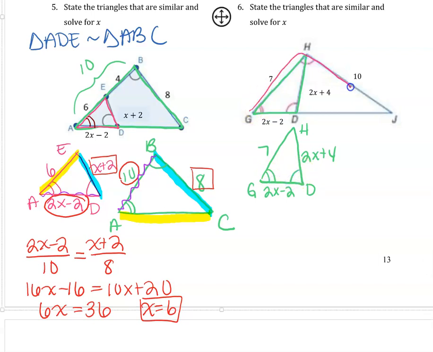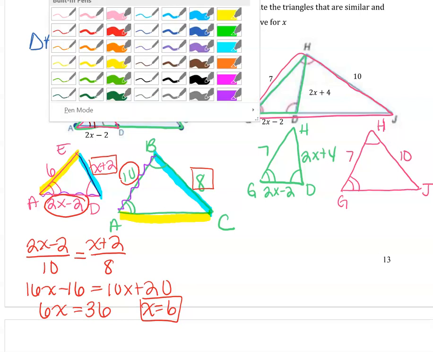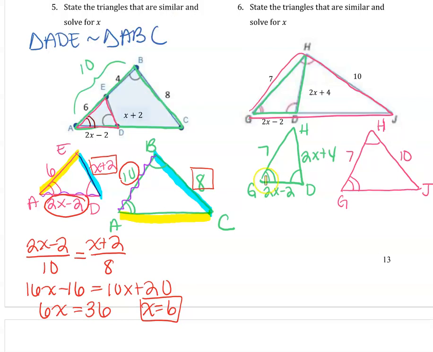And the big guy. Okay, so based on our correspondence here, or based on our angles, I can see that these guys correspond between the double arc and the single arc.